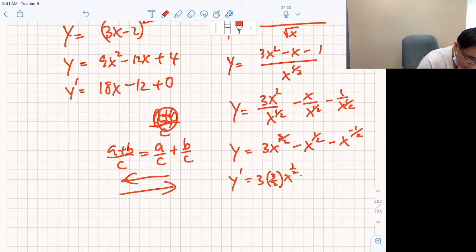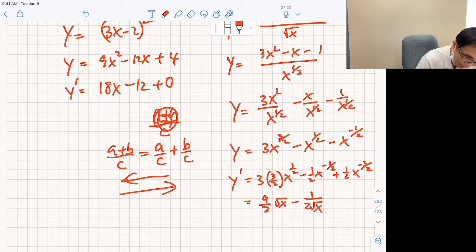Does that make sense? Minus 1/2 x to the negative 1/2, minus or plus 1/2 x to the negative 3/2. So that is going to be 9 over 2 square root of x minus 1 over 2 square root of x plus 1 over 2x square root of x.